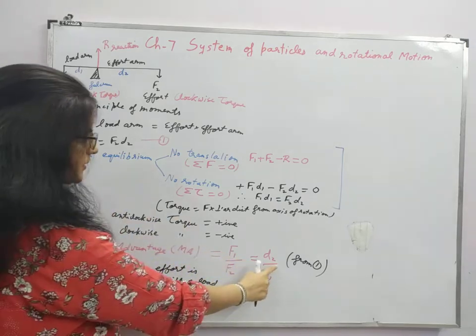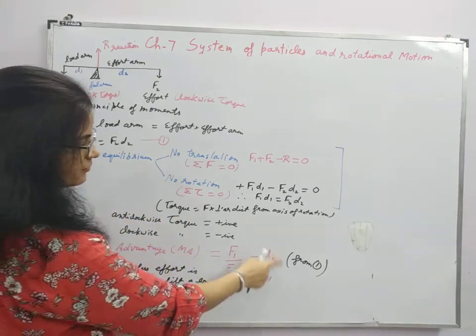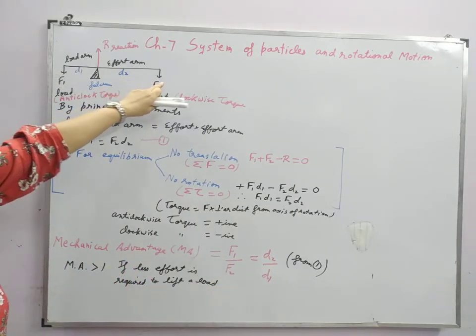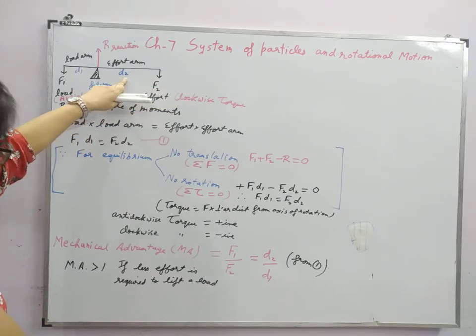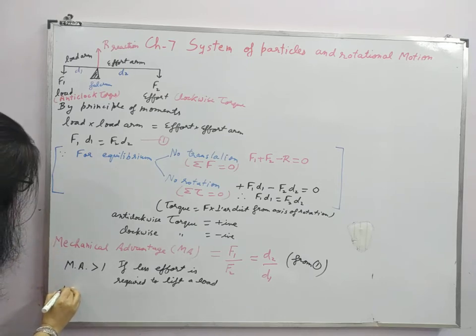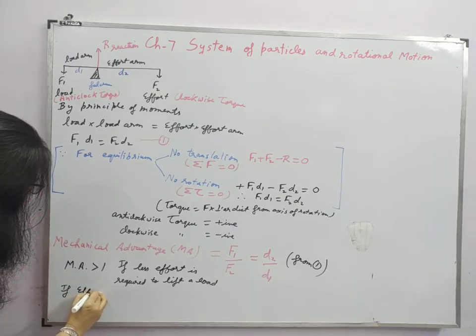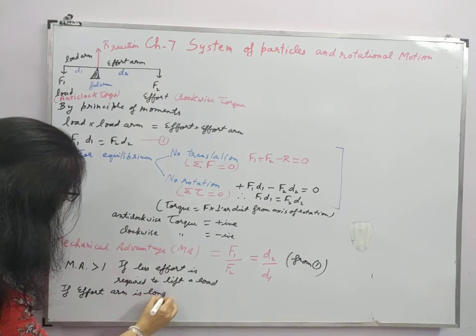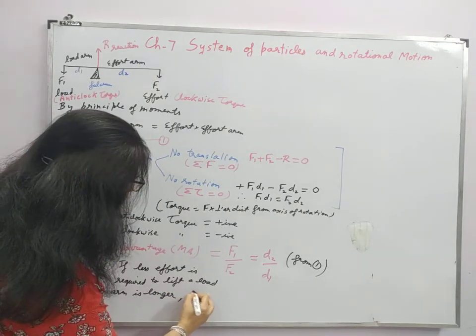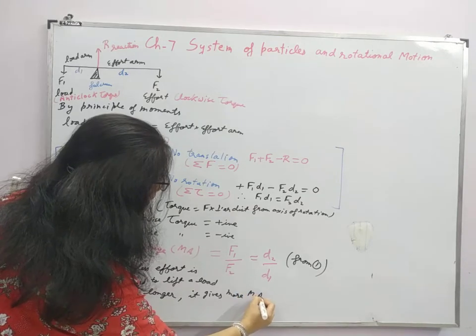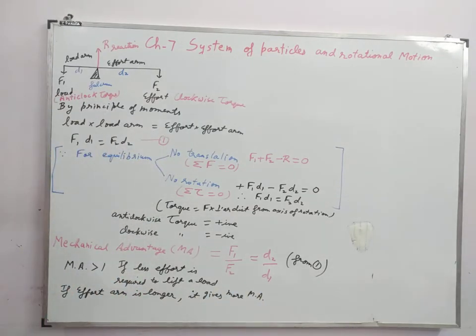And if we look at this mechanical advantage in terms of the distance from the axis of rotation, if the effort arm is longer, then the mechanical advantage is more. You must have observed this in daily life also: a longer effort arm gives more mechanical advantage, right?